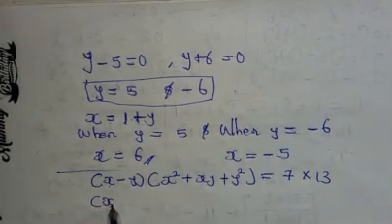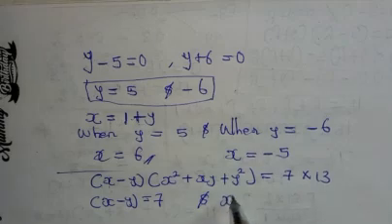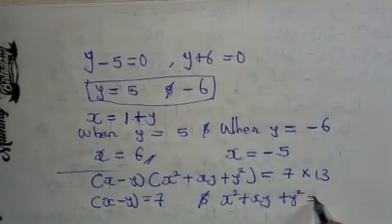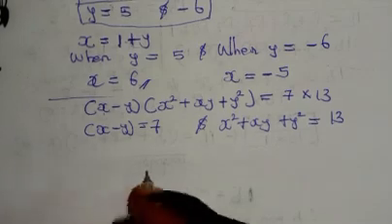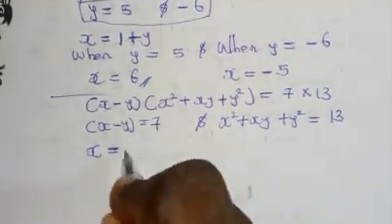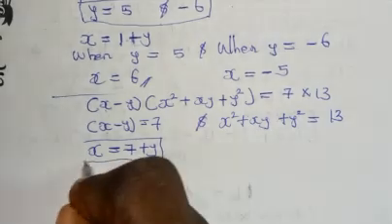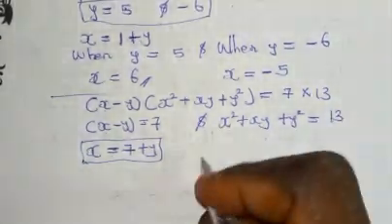So we have x minus y equals 7, and also x squared plus xy plus y squared is equal to 13. So make x the subject the way we did the first one. We have 7 plus y.